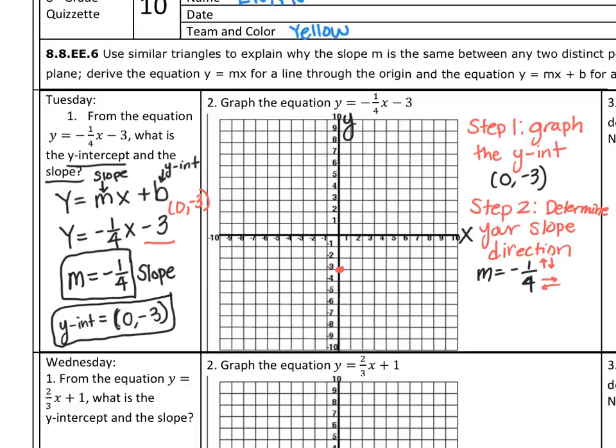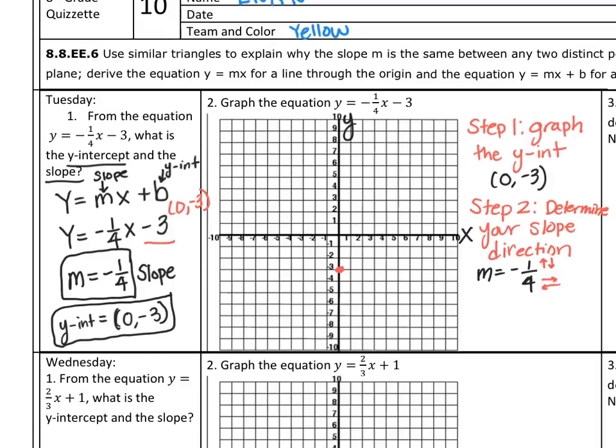Now, if you look at your graph, if negative 1 is your top number, are you going to go up or down? Starting from this point, are you going to go up 1 or down 1? If you look at it here, it's negative 1. So you're going to go down 1, and then you're going to go over 4. 1, 2, 3, 4. And your new point is right here. So go ahead and write this down.